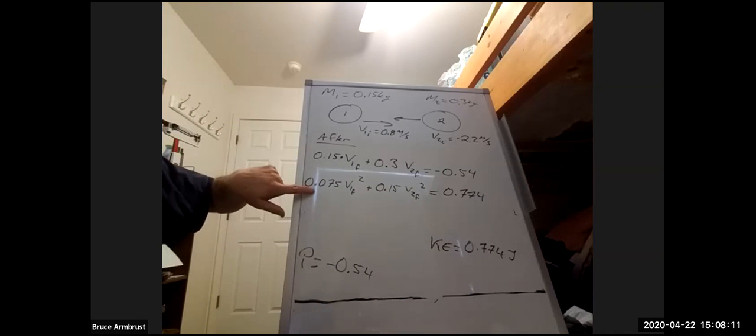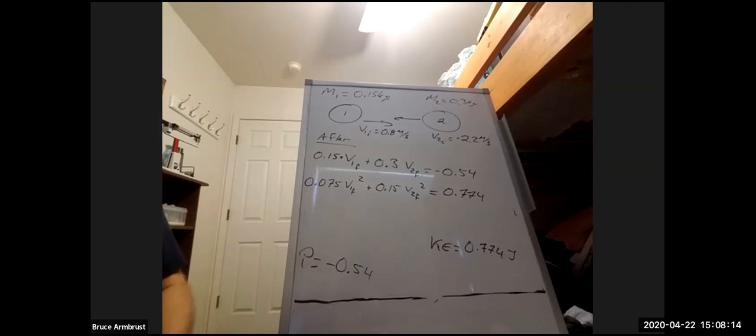So these numbers are just half the masses. That's the 1/2 m part of those formulas. So that first equation is conservation of momentum, and the second one is conservation of energy.